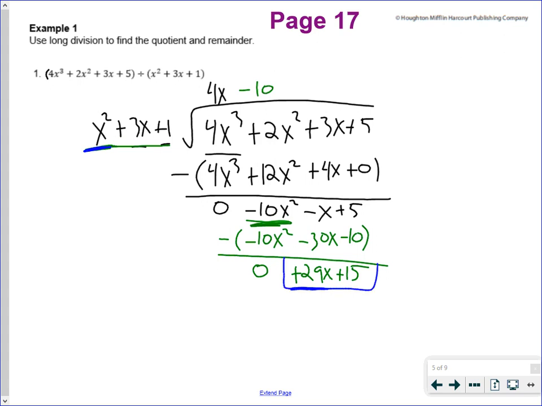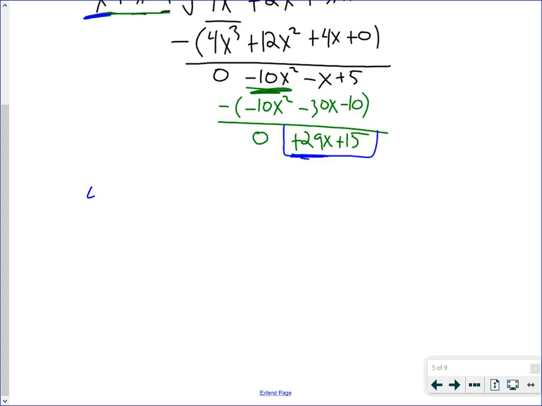Whenever you get to the point where the first term of the divisor has a higher degree than the first term of the polynomial you just got after subtracting, that's when you stop. So x squared has a higher degree than 29x. We're done, we can stop. And then we can write our answer as our quotient of 4x minus 10 plus our remainder of 29x plus 15 divided by our divisor of x squared plus 3x plus 1.